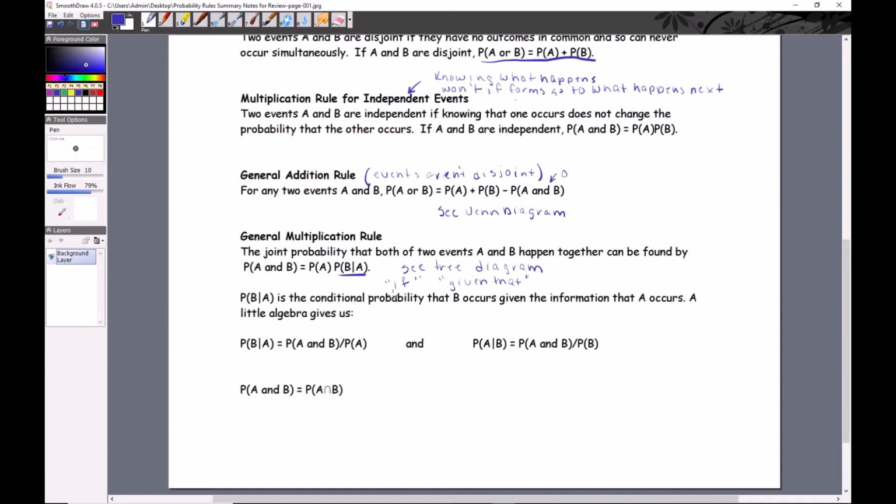And just remember that you can take this formula up here and rearrange it algebraically to figure out what your conditional probabilities are. These are actually things that show up a lot too. To look at things with symbols, remember this upside down U looking thing is your intersection, or and, so that's intersection.